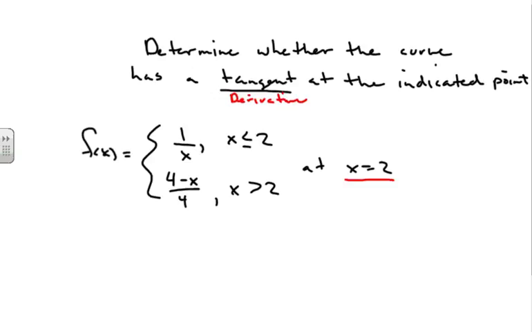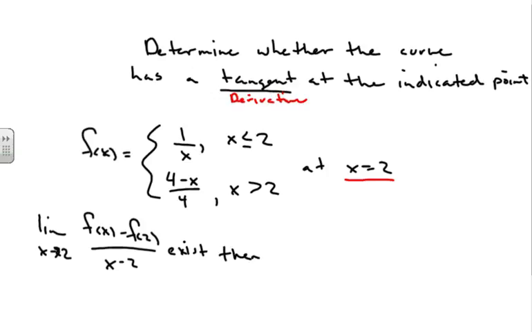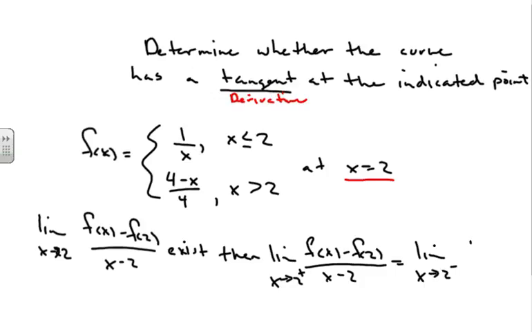So we need to figure out, and we're going to use the alternate form, the limit as x approaches 2 of f of x minus f of 2 over x minus 2. If this exists, then this has to be true: the limit as x approaches 2 from the right of this slope, f of x minus f of 2 over x minus 2, has to equal the limit as x approaches 2 from the left of f of x minus f of 2 over x minus 2.